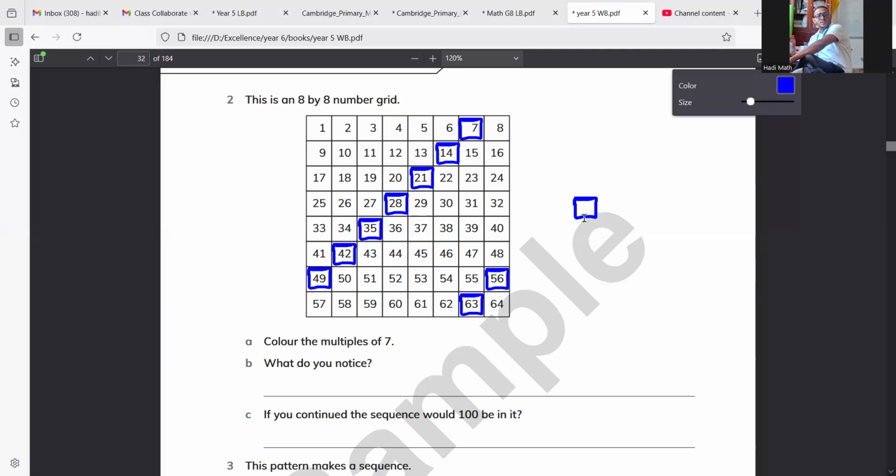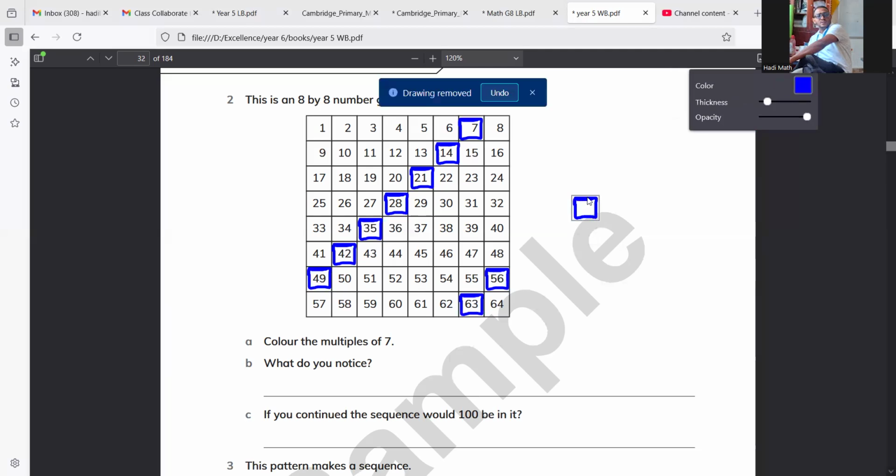They ask you, how do you notice them or how do you know them? Okay, so to answer this question, you need to look at them. You look at your multiples of 7 and say what you notice.